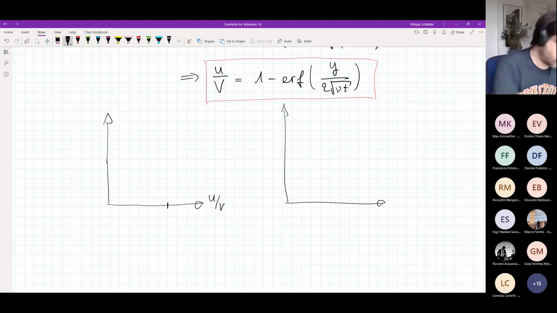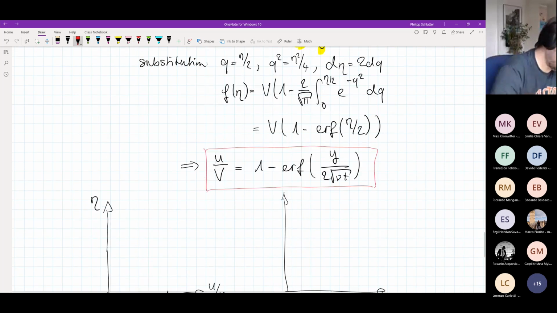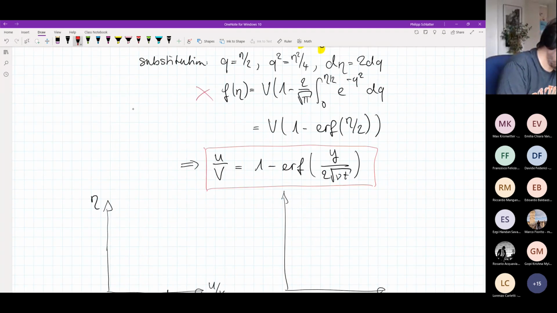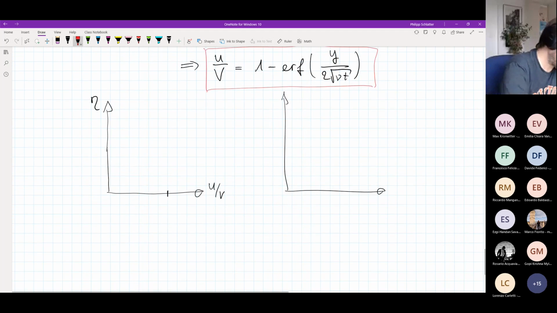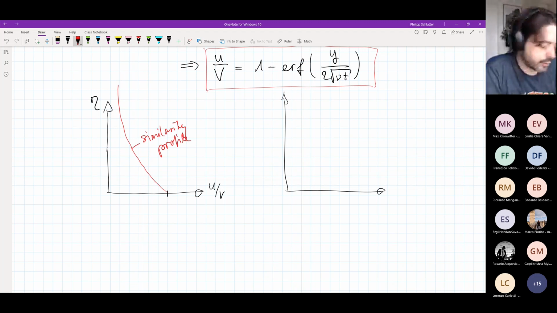That's at the wall. Then I have here my similarity variable, and the solution, this equation here, would look something like this. This is my similarity solution, or similarity profile.